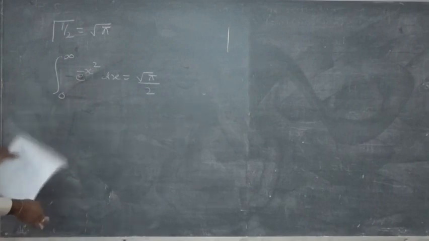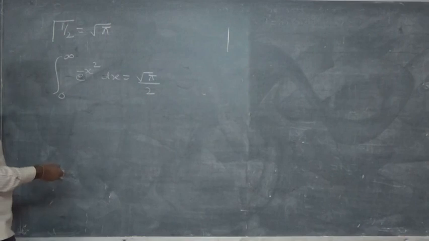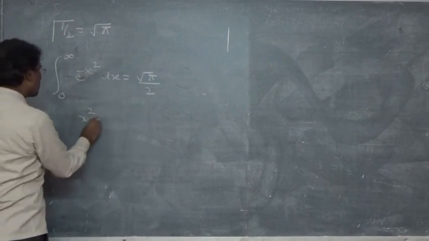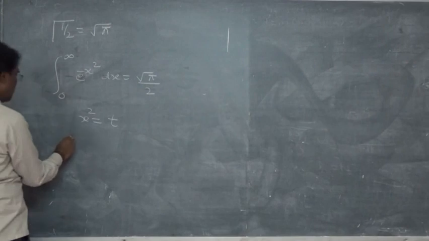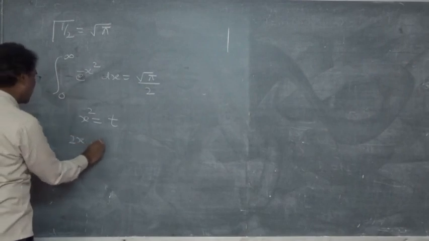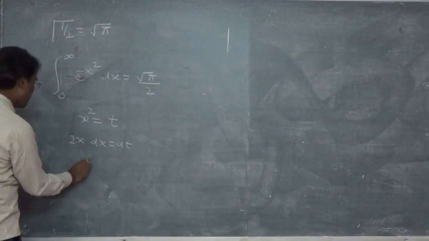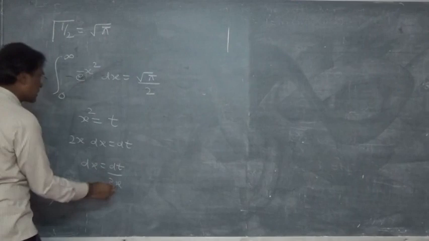Now I will solve this integral. To solve this integral, here x square is there, put x square is equal to t. Now differentiate this: 2x dx equal to dt, or dx is equal to dt by 2x.